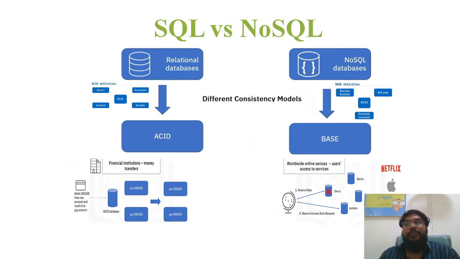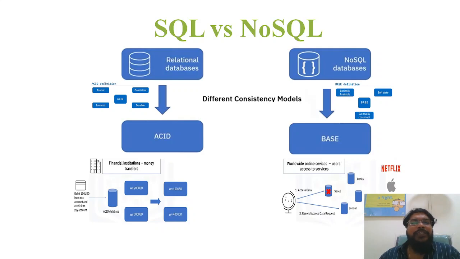So those are the properties that we follow in NoSQL. If you look at the properties in SQL, that is in the relational database, we follow four different properties, which we call ACID properties: atomicity, consistency, isolation, and durability.